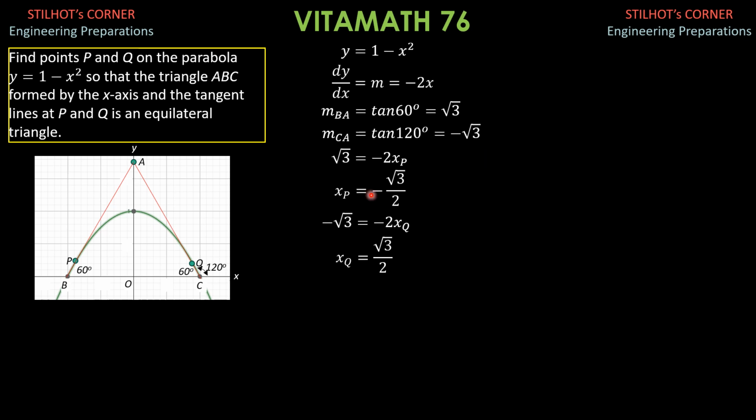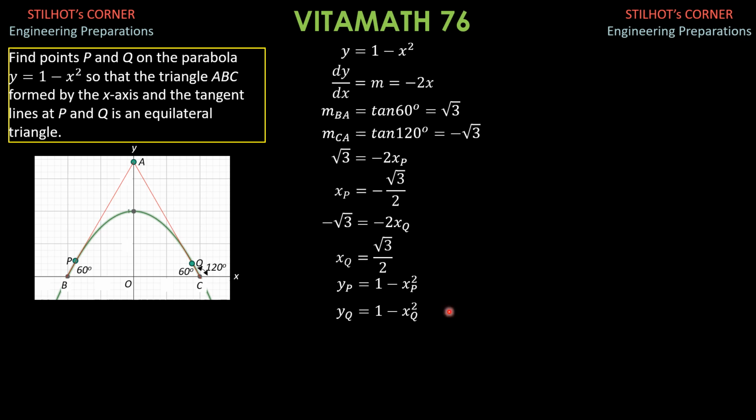Then we can now compute y_P and y_Q. They are expectedly equal because of symmetry. They lie on the same horizontal line. And we can find that by substituting the values of x into this equation. So y_P equals 1 minus x_P squared, while y_Q is also 1 minus x_Q squared.